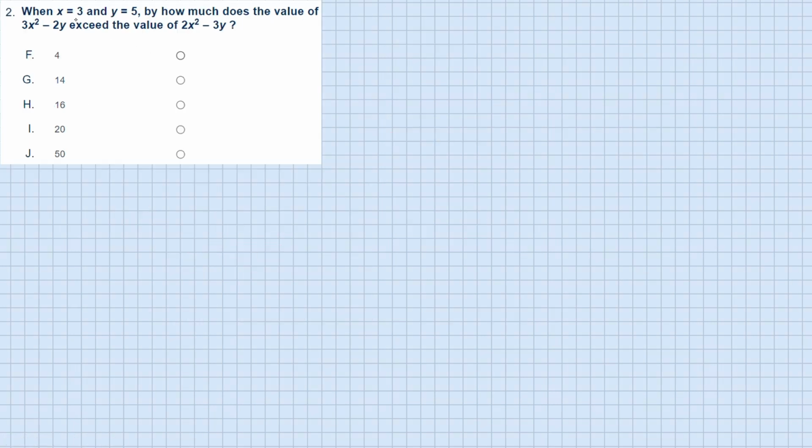So we have x equals 3 and y equals 5. We need to find how much the value of this expression exceeds the value of the other expression. So we need to find the values of each of the expressions. We have 3x squared minus 2y.